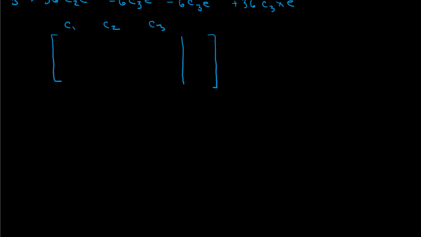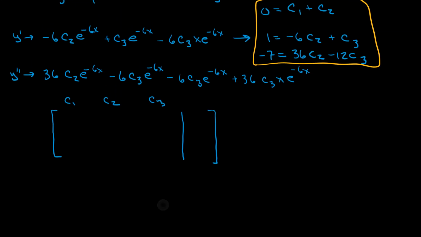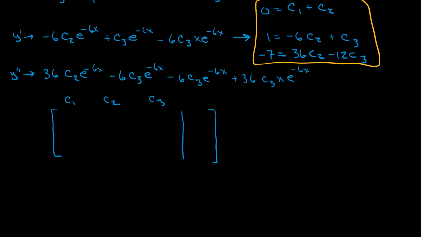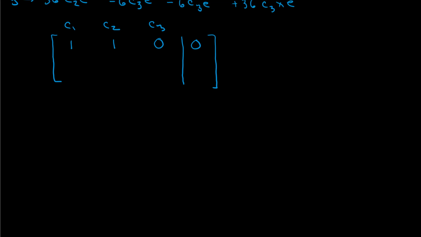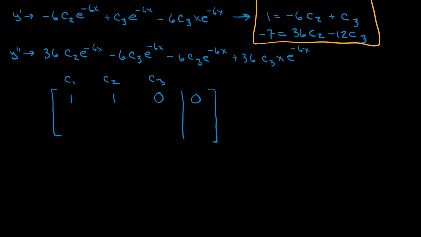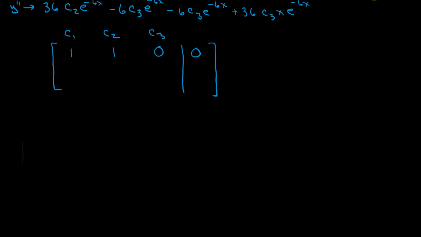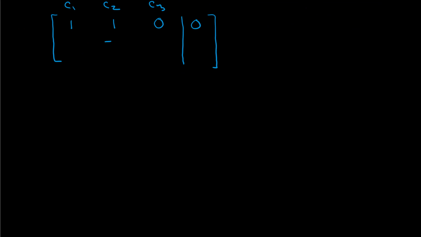And when I copy these down, notice this first equation all the way at the top is 1 C1 plus 1 C2. So we have 1 times C1, 1 times C2. There are no C3s, equals 0. The second equation is going to be a minus 6 C2 plus C3, and that equals 1.